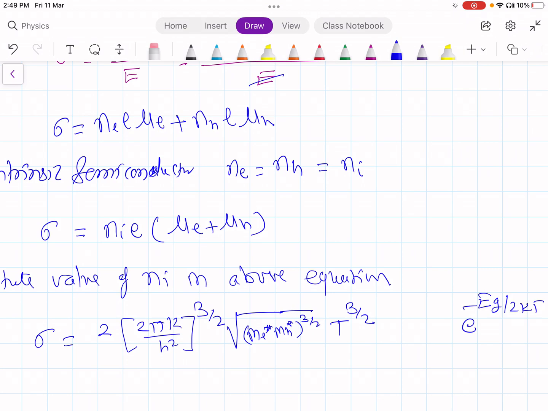This is the value of Ni, so I have substituted Ni. In between there is e into mu e plus mu h.